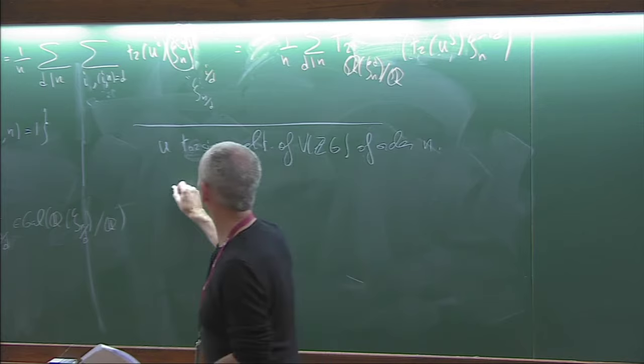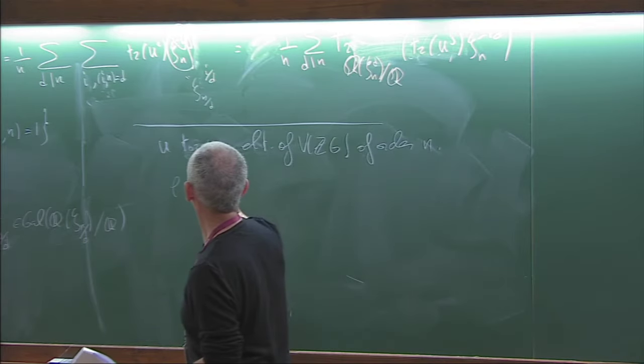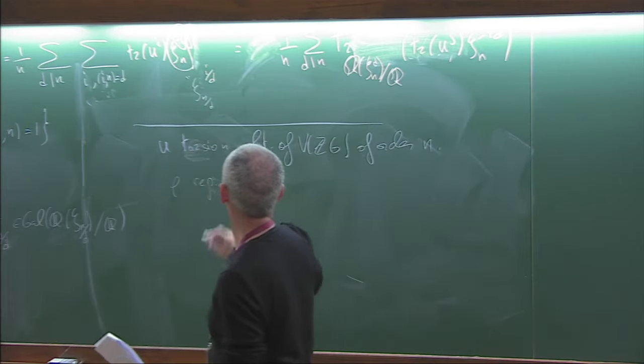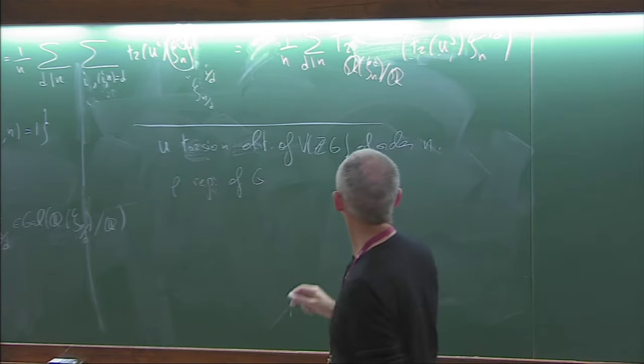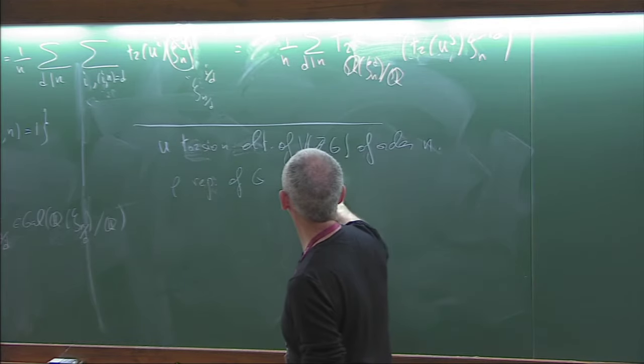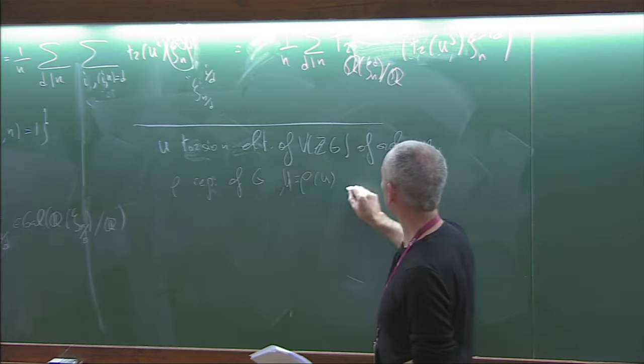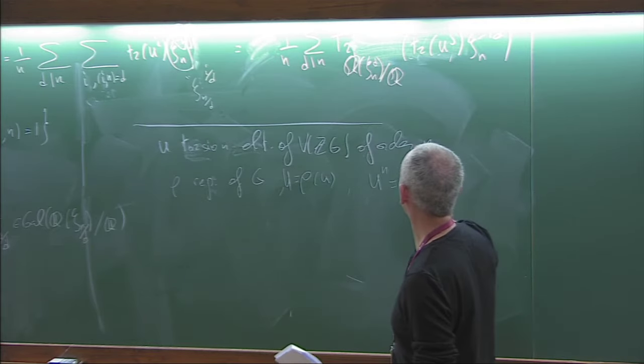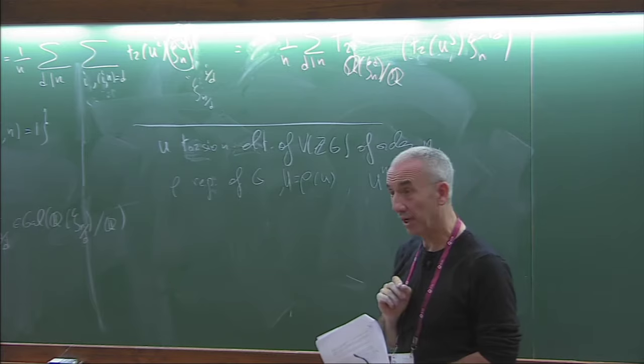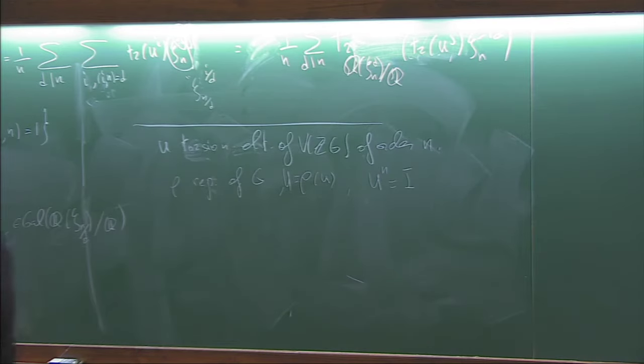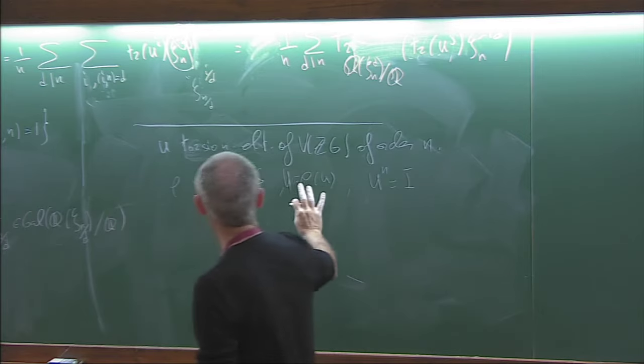And I take a representation of G. And I calculate rho of U. So this is a matrix such that U to the n is the identity. Okay? So I can apply all this to this matrix.